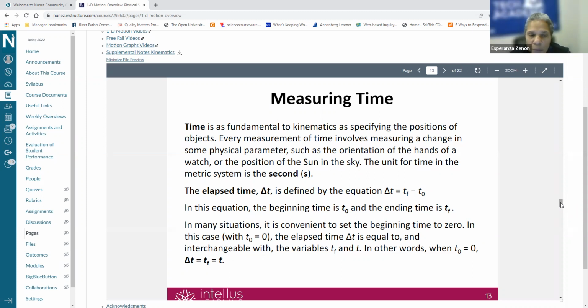And so we need that. In order to describe a moving object, we need to know how much time is involved in that, okay? And so anytime we measure something, measuring time is involved in that, especially for the kinds of things we need in kinematics, right?